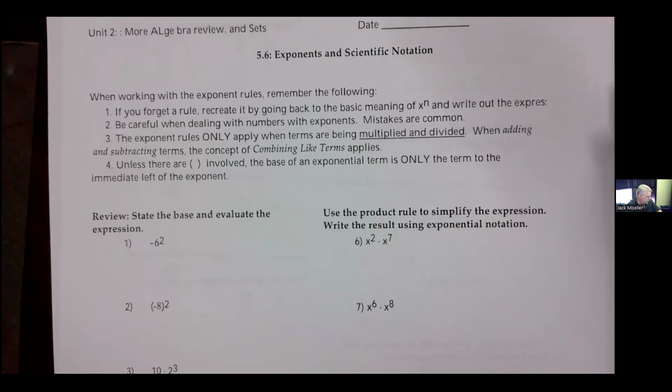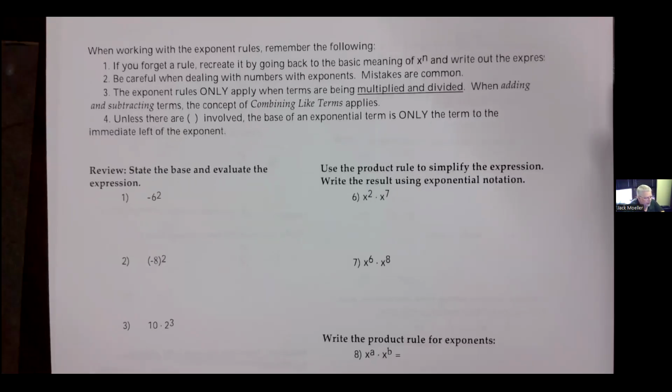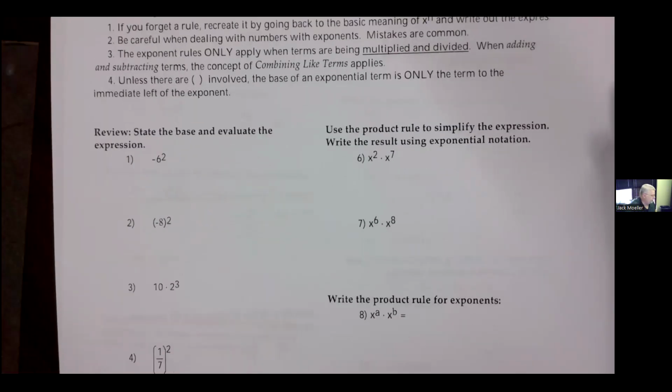And when we were distributing, we only distributed a constant, we didn't distribute variables. Well, in college algebra, you're going to be distributing variables, multiplying and dividing these variables all over the place. And that's what we're talking about today: the rules for what happens when you multiply and divide variables. As we talked about with fractions and with integers, multiplying and dividing almost always has different rules than adding and subtracting. So we're not talking about combining like terms anymore. We're talking about what happens if you specifically multiply or divide variables. So big picture, that's what we're doing.